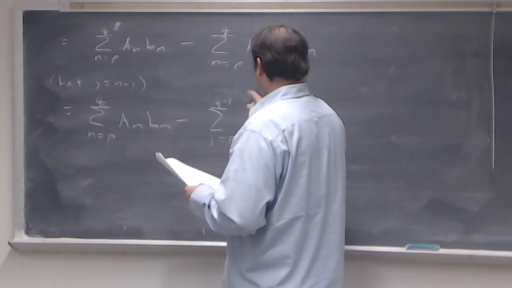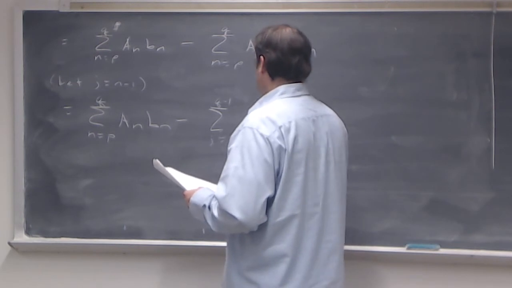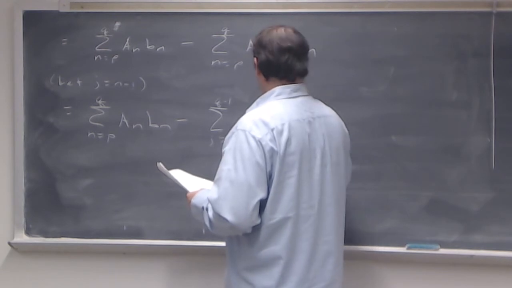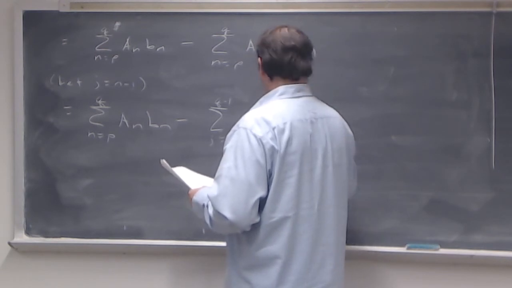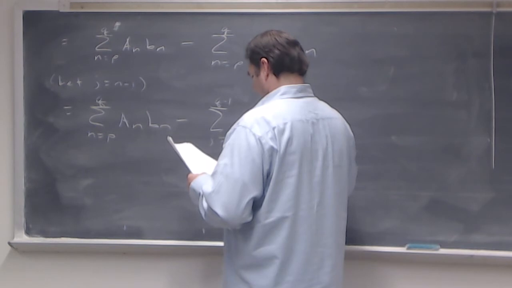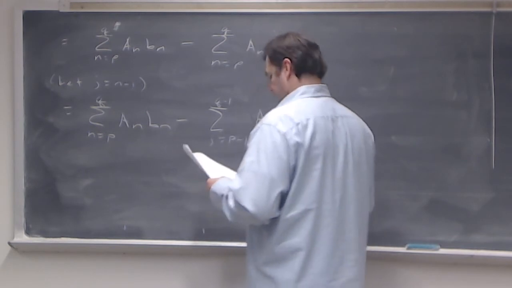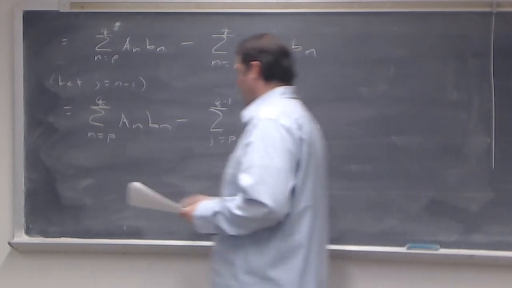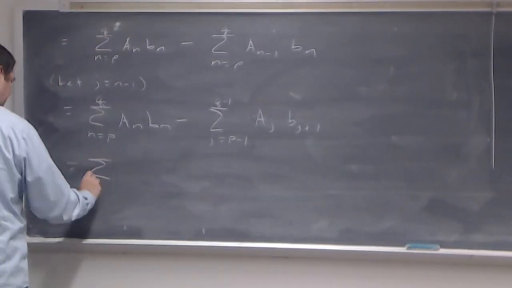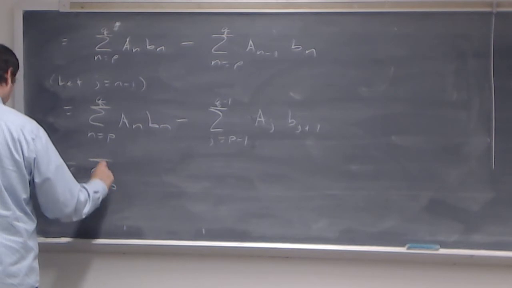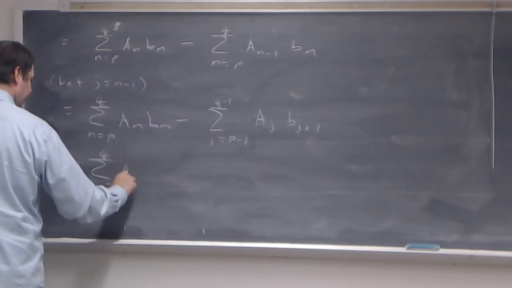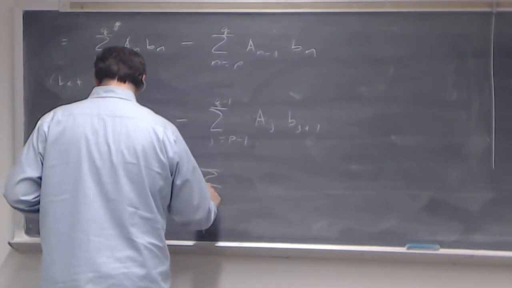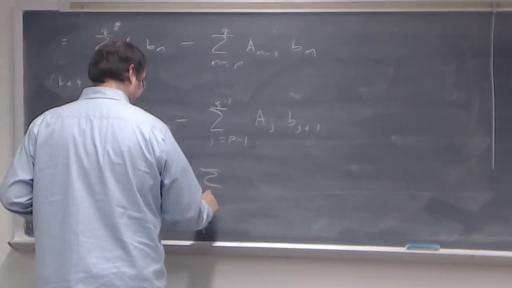And here I'm going to have A to the J, and here this is going to be B to the J plus 1. Now, that can be rewritten as the sum as n runs from P to Q of A sub n, B sub n, minus this sum. I'm just going to rewrite this in terms of n's.